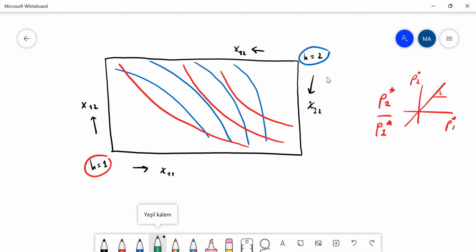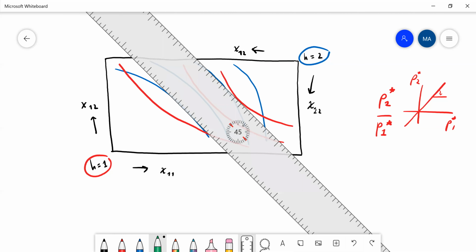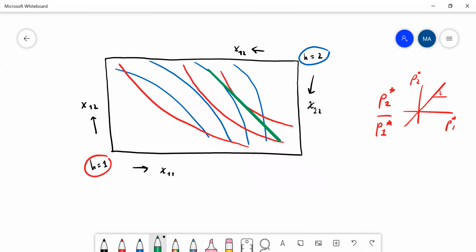Let me use green. There's this ruler option. Maybe I can use that. As you see, I'm still learning.